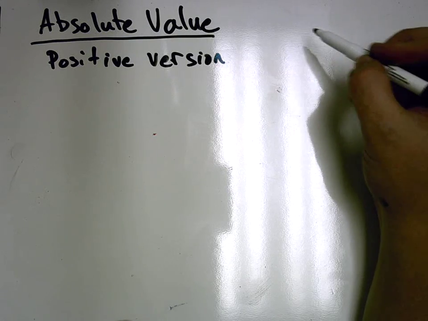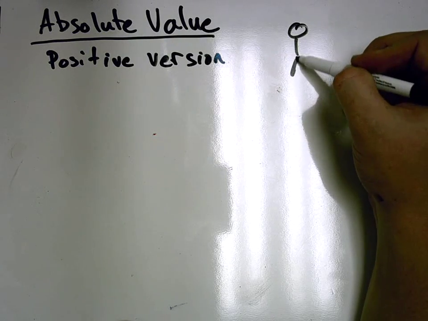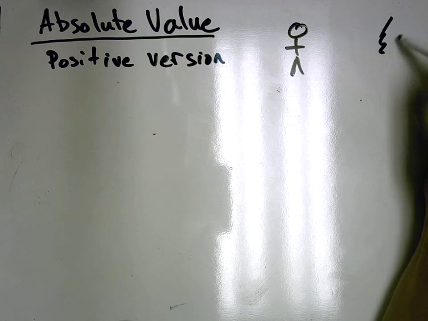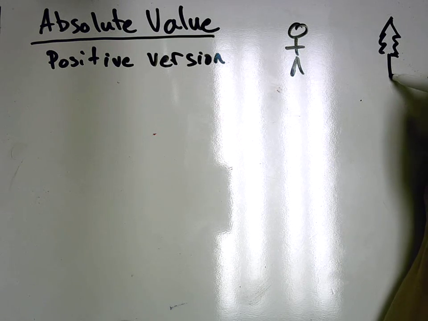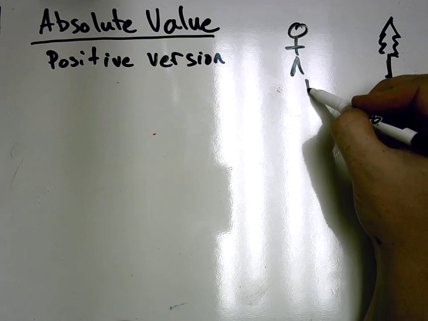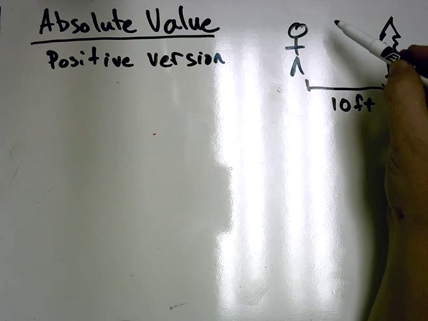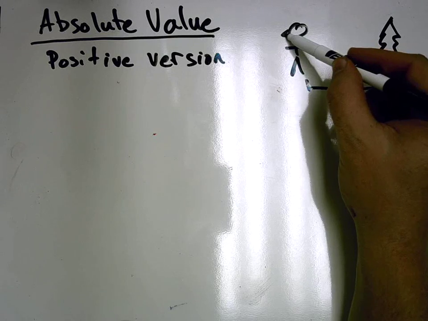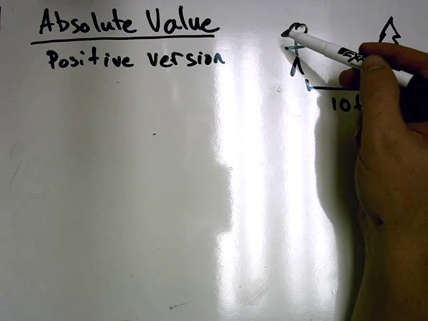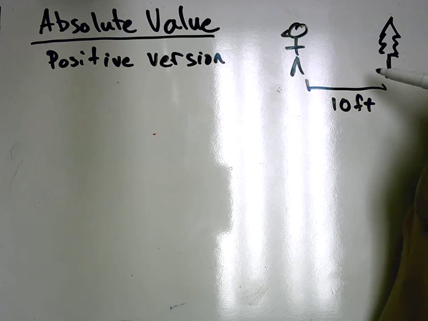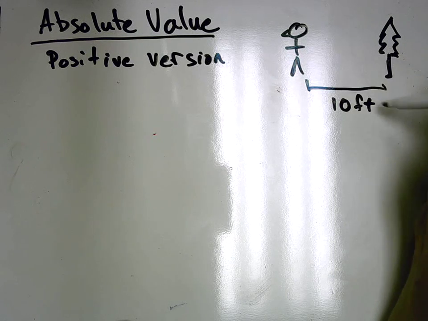So for example, if I'm talking about distance, if I'm standing 10 feet away from a tree, then it's always 10 feet away. Whether I'm facing the tree or even if I'm facing away from the tree and I'm looking away from it, even though it's behind me, it's still only 10 feet away.